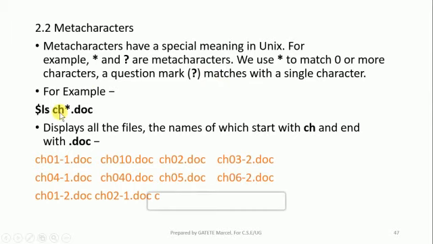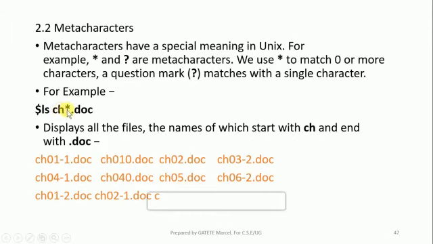For example, if I put ls CH star dot doc, this star can replace any characters. For example, if I put CH, this star can replace URCH, to display church.